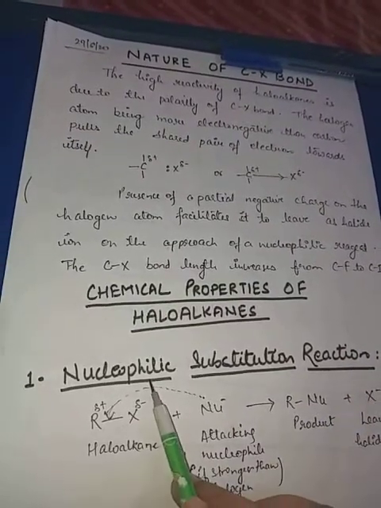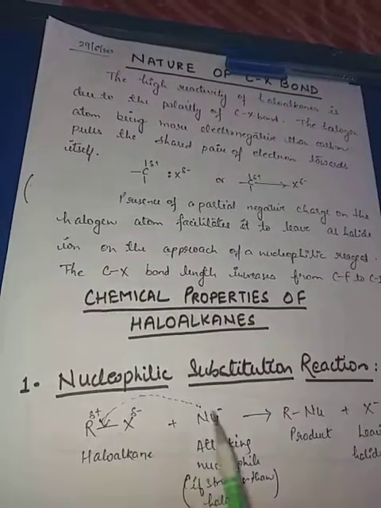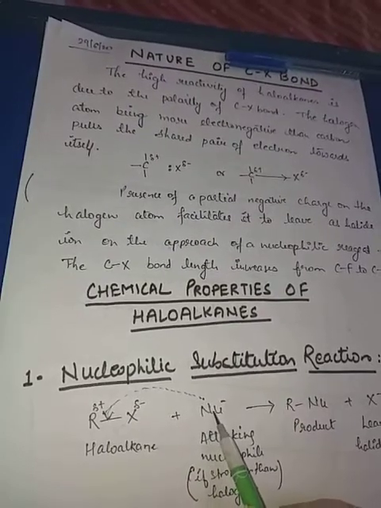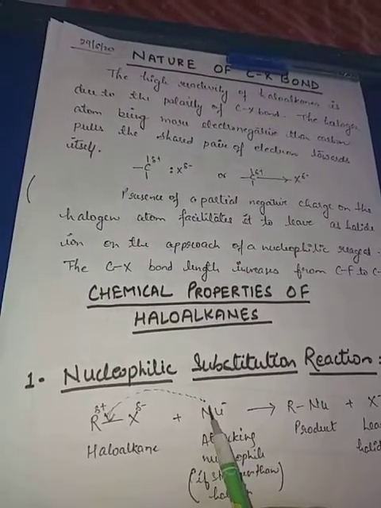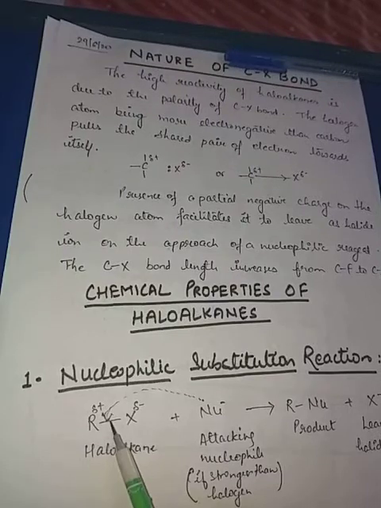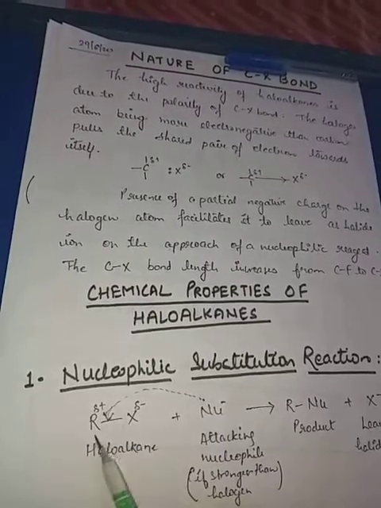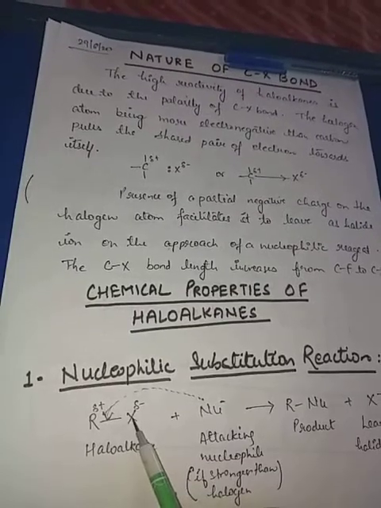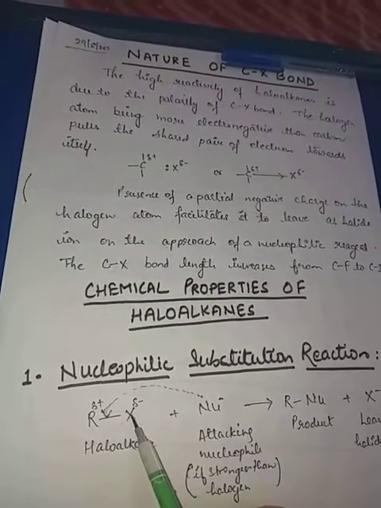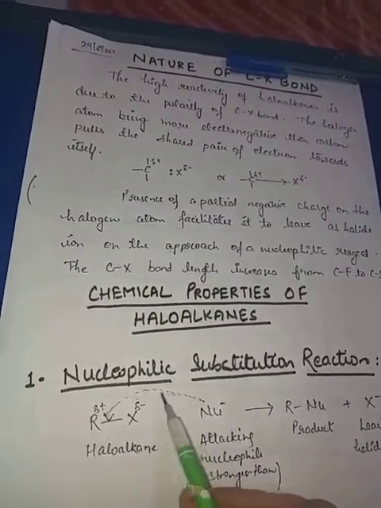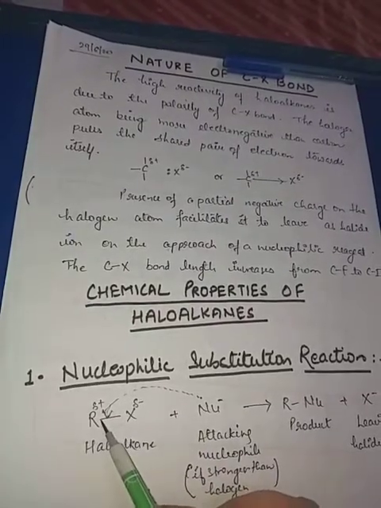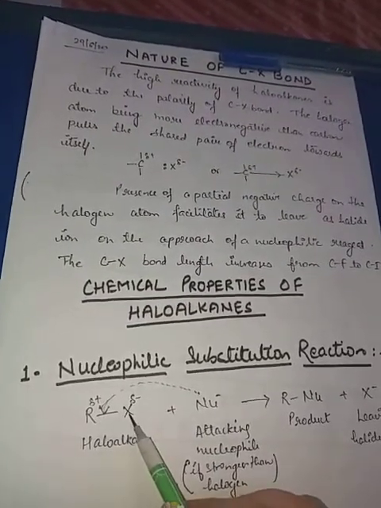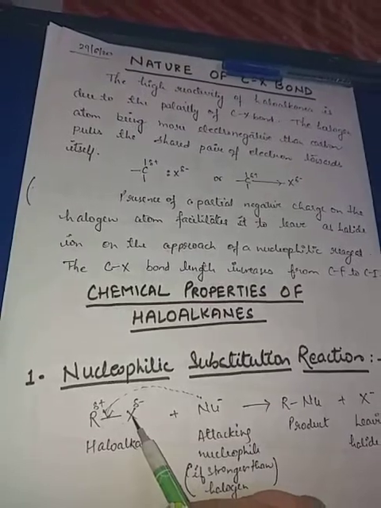Similarly, a nucleophile is a substance having a negative charge, and if it is stronger, it will displace the halide ion present over here, and the nucleophile will attach itself to the carbon to which this halide was attached.